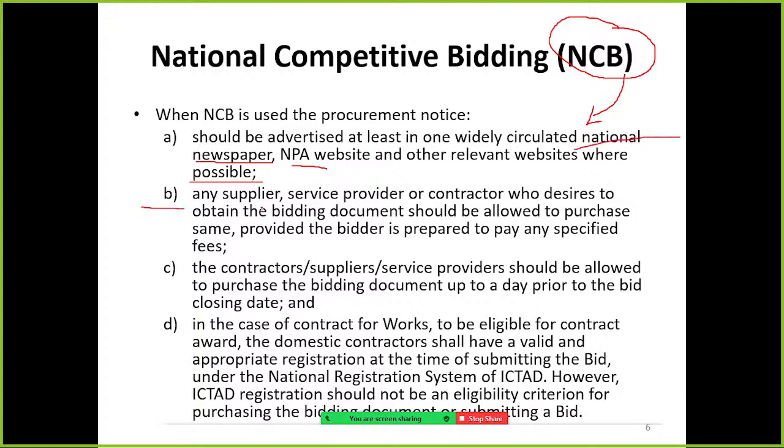Number 2, any supplier, service provider or contractor who desires to obtain the bidding document should be allowed to purchase it. Right? So once they advertise in the newspaper the invitation for bid, they provide relevant information in that invitation: where they can collect the full bid document, what the closing date is, what the opening date is, and the location of the bid opening.